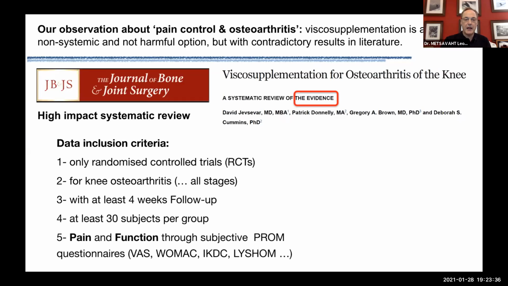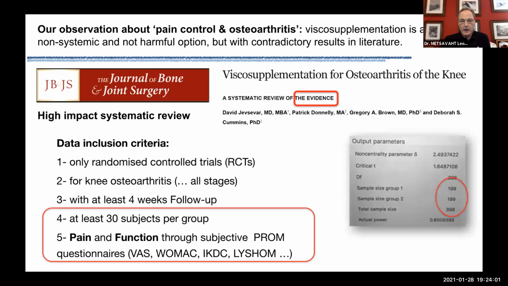And they were analyzing pain and function through subjective prompts, those questionnaires like pain questionnaires, WOMAC, IKDC, Lysholm. And we went back to the computer and we saw that for these subjective scores, we would need at least 199 patients in each arm of the RCT to have statistical relevance.